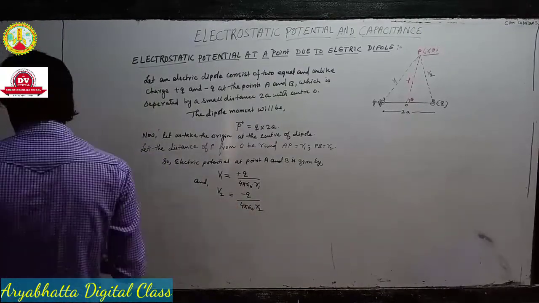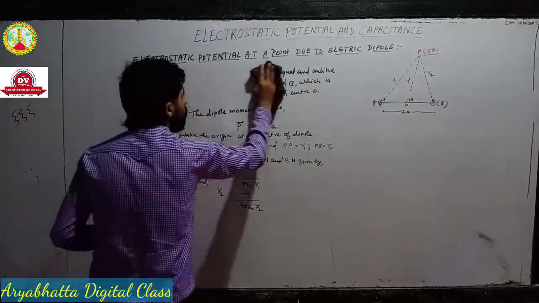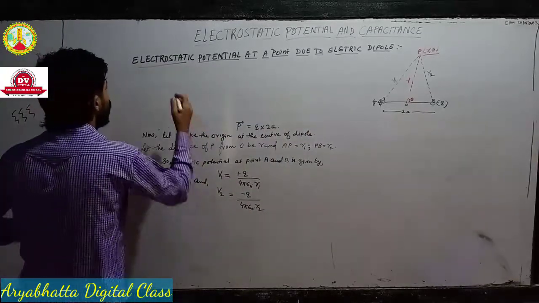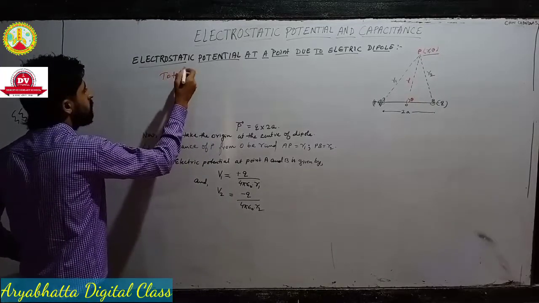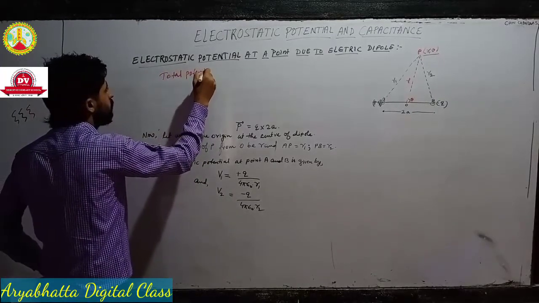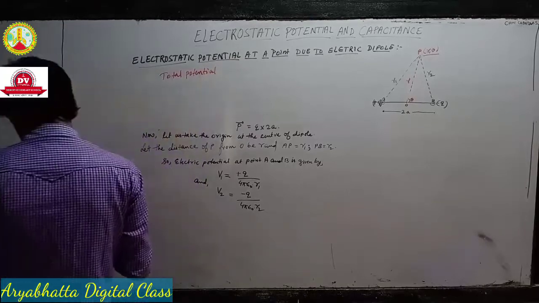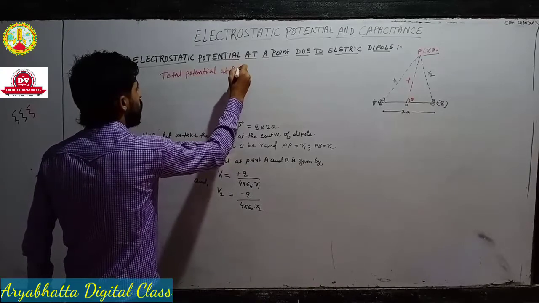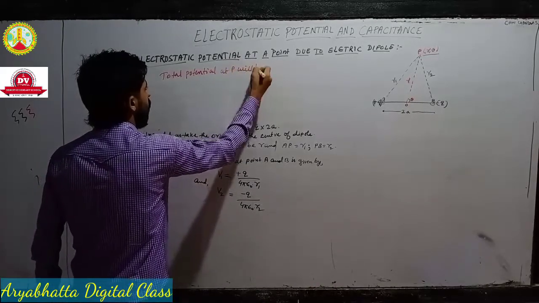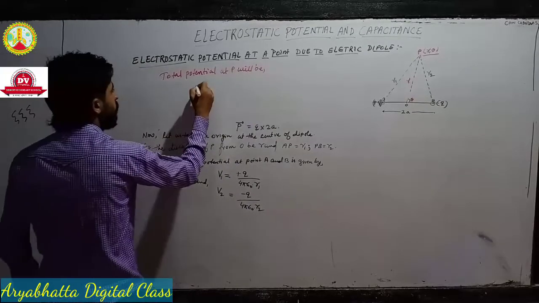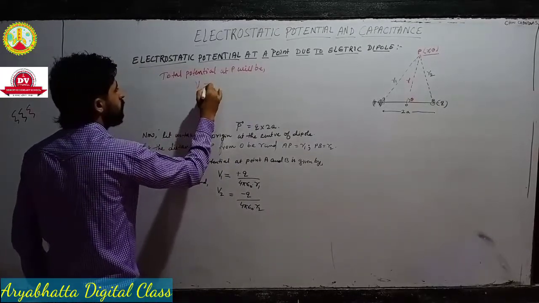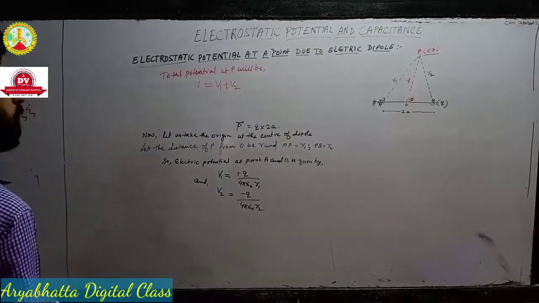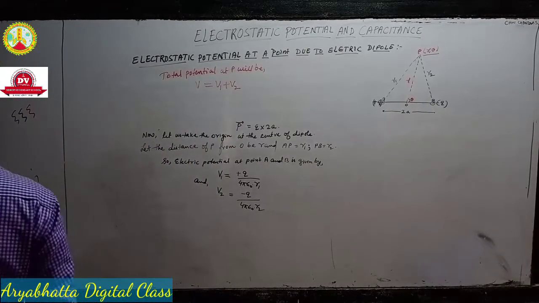Fine. So what will I write? Total potential at P will be how much? At P, V is equal to V1 plus V2. Is it okay to everyone?